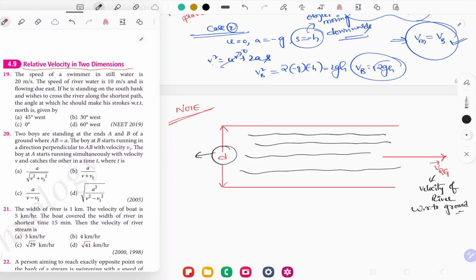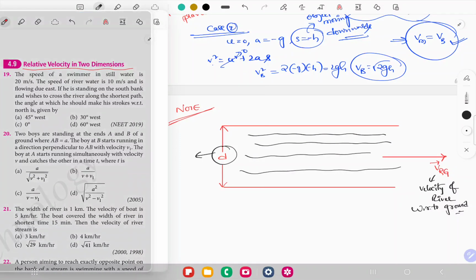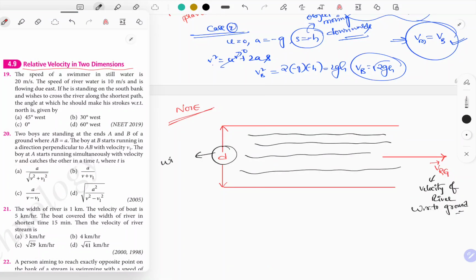This d represents the width of the river. Now, let me consider a person trying to swim at some angle theta with respect to the vertical. This is the vertical. He is trying to swim at some angle theta.